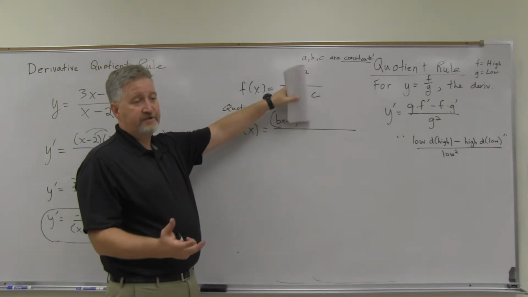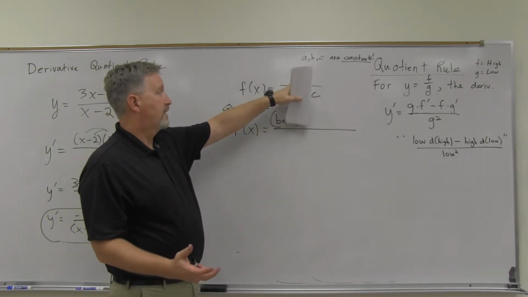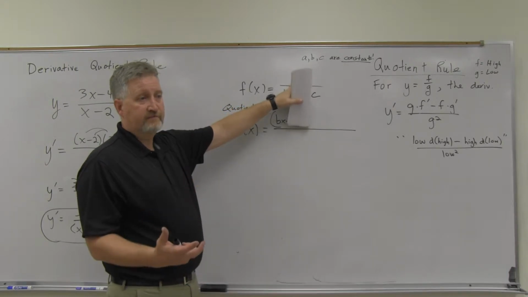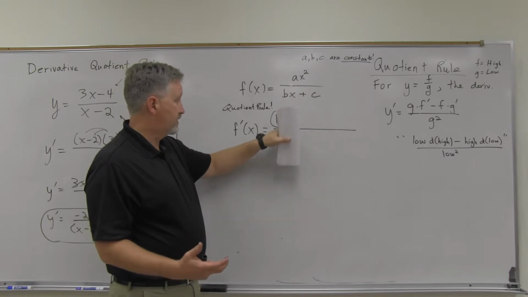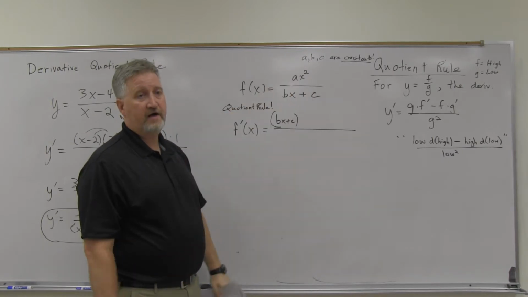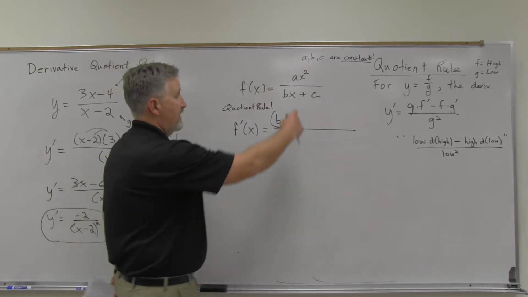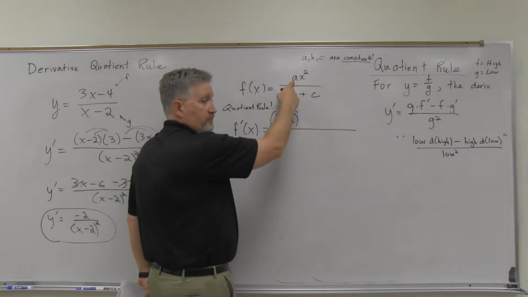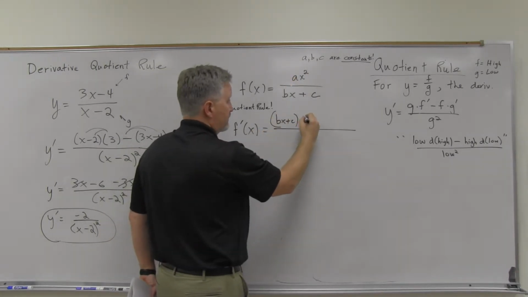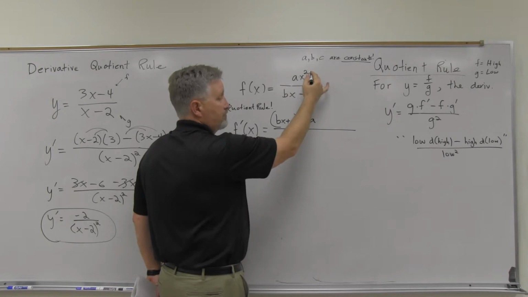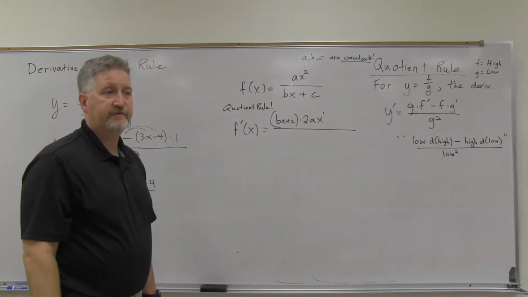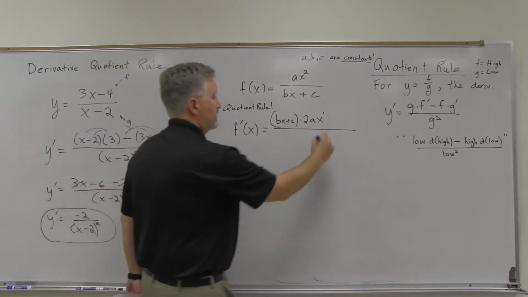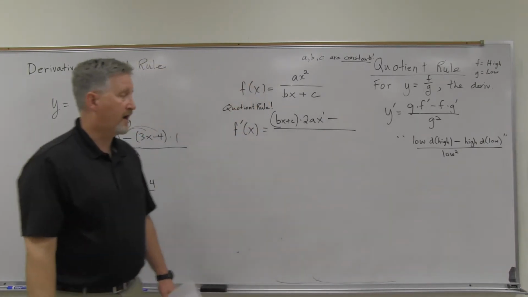What I'm telling you there is you don't have to use product rule on that, because a is just a number. So what is the derivative of the high? Well, if that's just a number, we just bring down the 2 and multiply it by the a, so it's 2a. And then the new power of x is x to the first, right? 2ax is the derivative of the high.